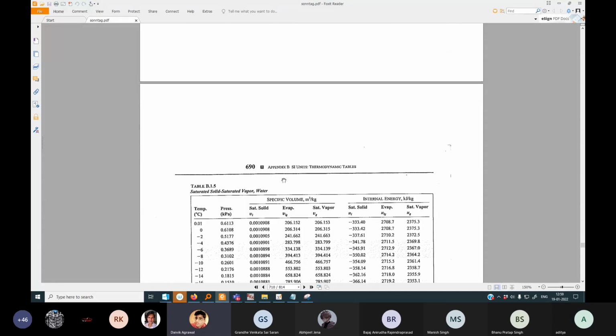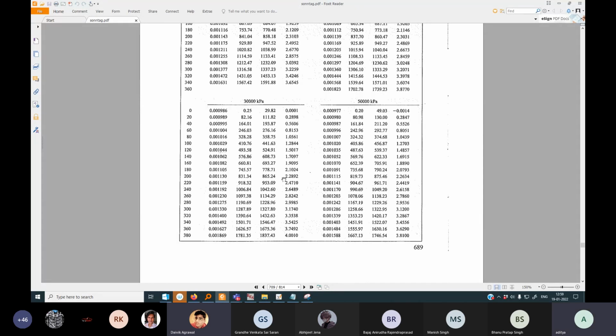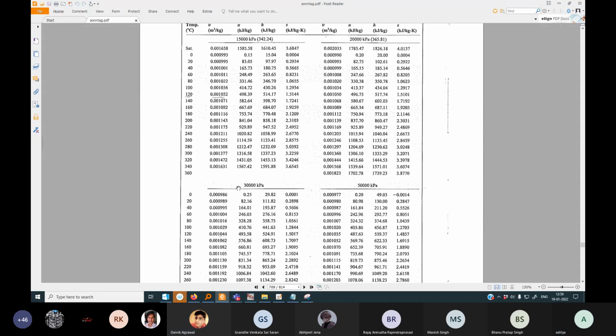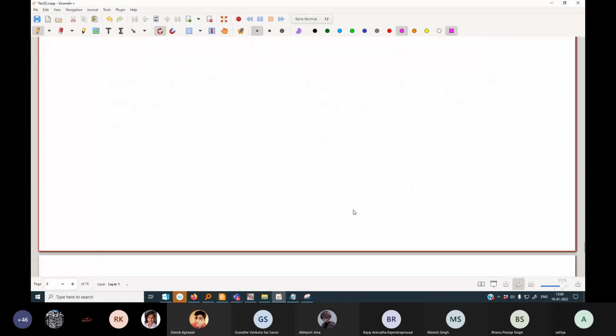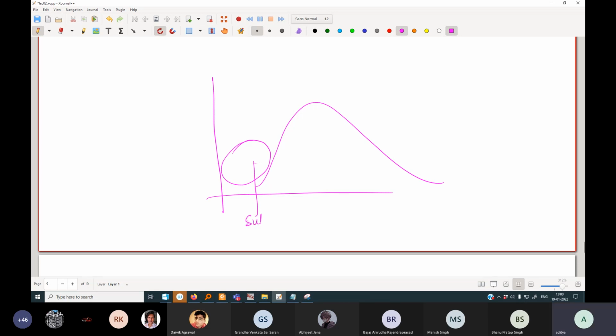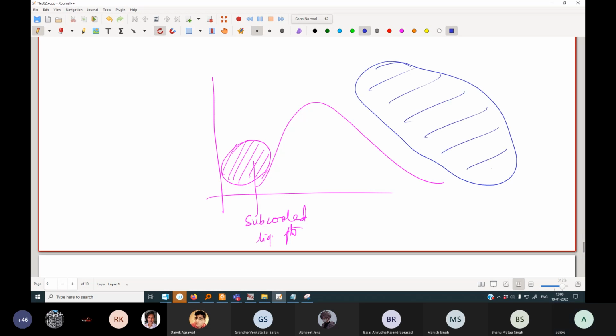From this table, sir, we can find out Vf in a similar fashion. So Vf not on the dome, for points to the left of the dome. Meaning these tables are for these points. These are all the subcooled liquid points. That data table is for this. This entire thing is the superheated vapor.